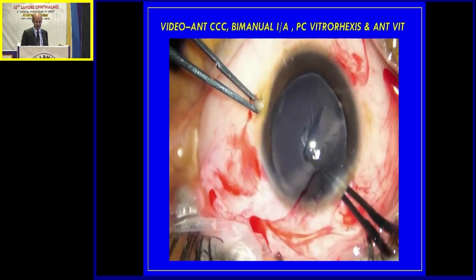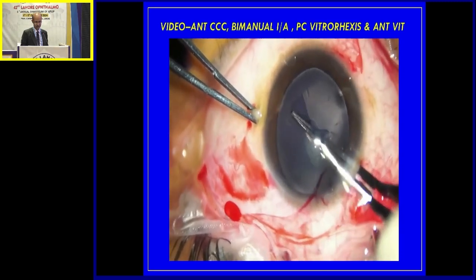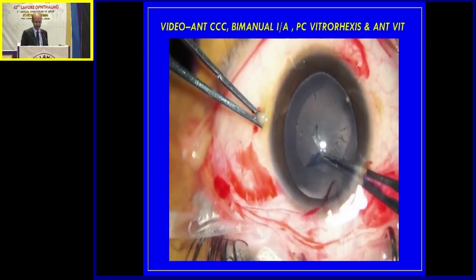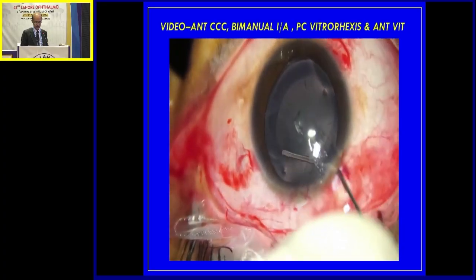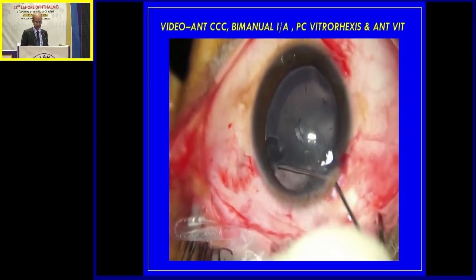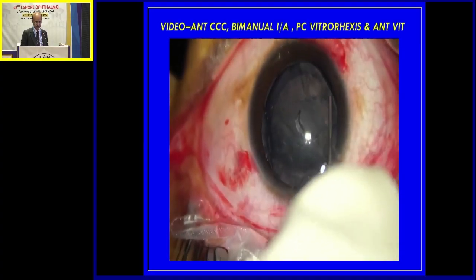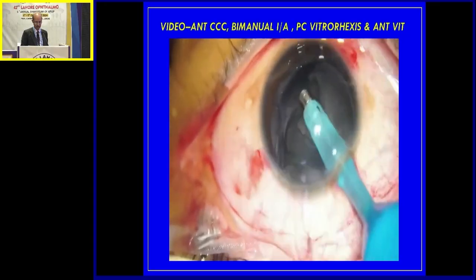But the viscoelastic should be very stable, preferably cohesive, before capsulotomy. Gentle hydrodissection will make the life easy from either side. It is a very soft cataract, it will come out easily.